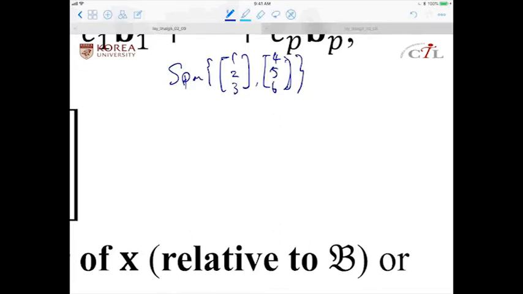Okay, and then I'm going to give you one point: -2, -1, and 0. And we want to obtain the linear combination representation of that point. I mean, we didn't even check whether this point is inside of the span, right?